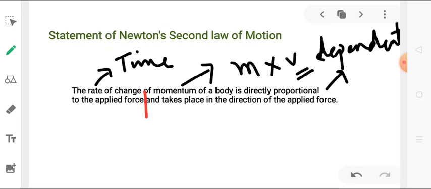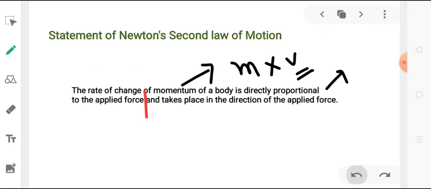The second part tells us about the direction in which this change is going to take place. So the change will take place in the direction of applied force. The direction in which the force has been applied will decide the direction of change of momentum. So this is what Newton's second law of motion tells us.